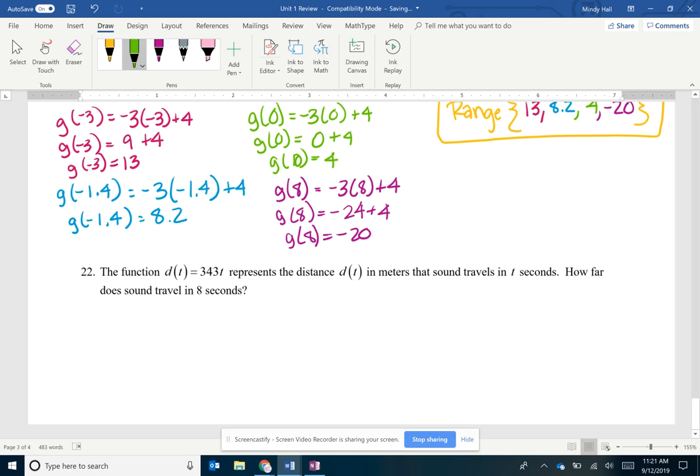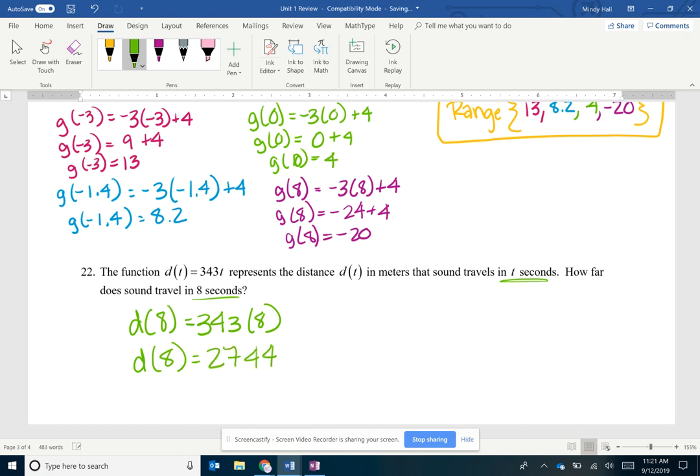But we have the function d of t equals 343t represents the distance d of t in meters that sound travels in t seconds. How far does sound travel in 8 seconds? So since t is my seconds, I'm going to plug in 8. d of 8 equals 343 times 8. And 343 times 8 is 2,744.